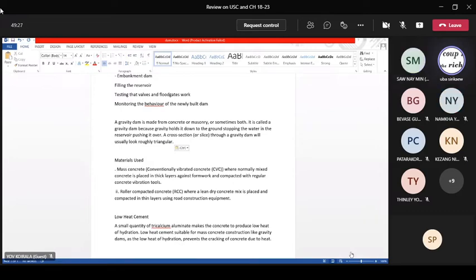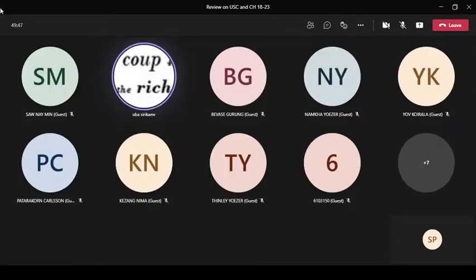Oh, yes, Saw is in group 4, Ajahn. Okay, Koilala, Namkha, Biwas. 1, 2, 3, 4. Okay, the last group, number 5, please.